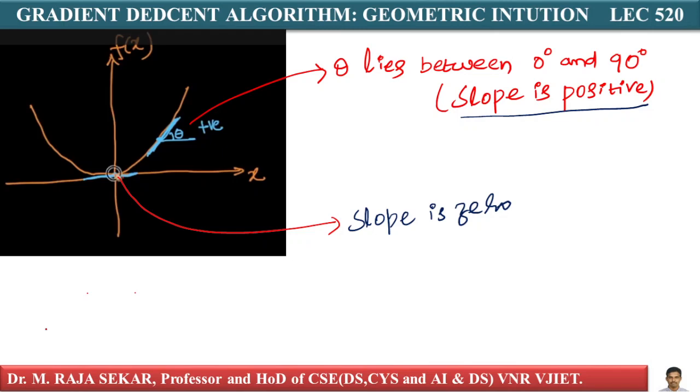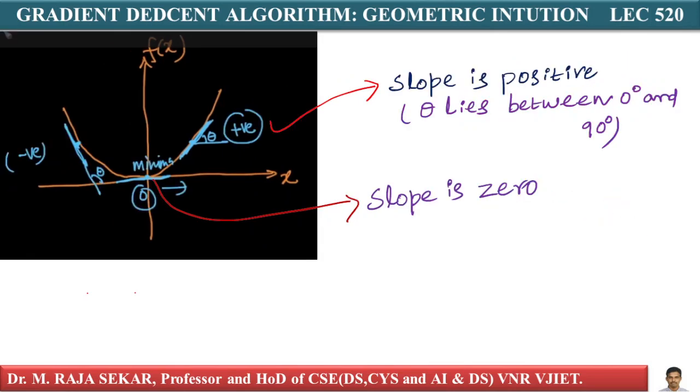Let's look at the other side of minima. What is the slope here, at this point on the other side of the minima? The slope here is negative. What is the angle with the x-axis?